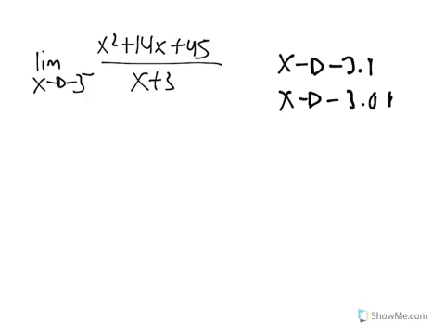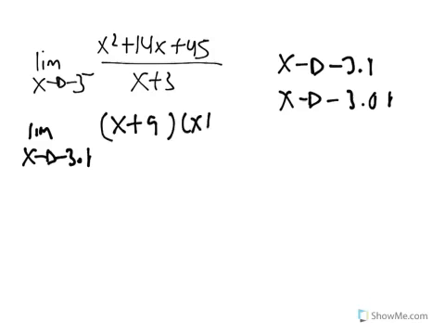So first, we take the limit as x approaches negative 3.1, and let's write this as it's factored, x plus 9 and x plus 5, because it's going to be easier to plug in, over x plus 3. Now I can do a direct substitution. I can plug in negative 3.1 for x and compute this limit.